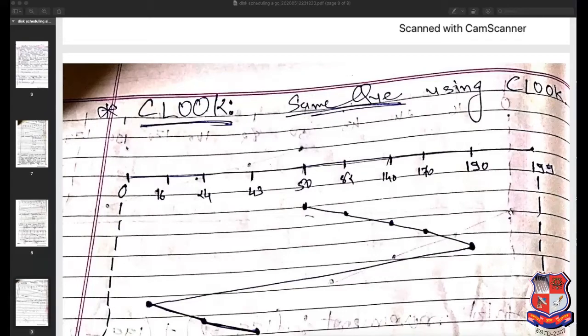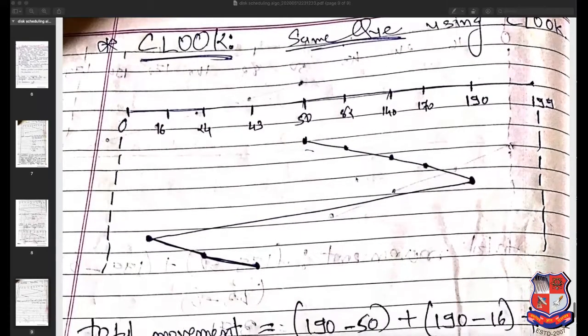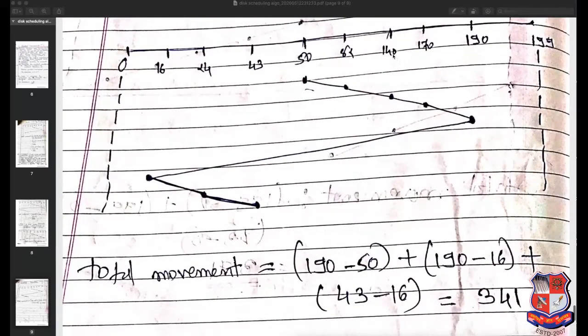Okay, so in the C-LOOK, the circular look, we start with the current position 50, and my direction is towards the larger side. So I move from 50 to 82, then 82 to 140, 140 to 170, and 170 to 190.